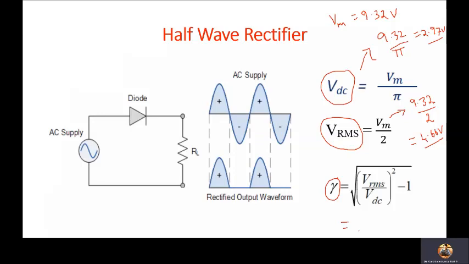So this is equal to the square root of (VRMS divided by VDC) whole square minus 1. So 4.66 divided by VDC, VDC is 2.97, whole square, minus 1. If you simplify this, you will get gamma as 1.21. So ripple factor is 1.21.